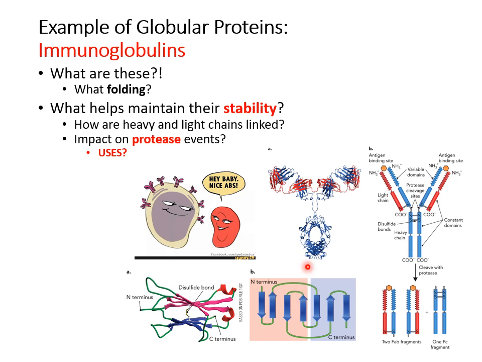And what helps maintain their stability? Well, what did we keep saying? When you hear stability and rigidity, think of disulfide bonds, okay? Over here, you can see disulfide bonds helping to keep those subunits together. They are linked by disulfide bonds, making up the heavy and light chains and keeping them together.